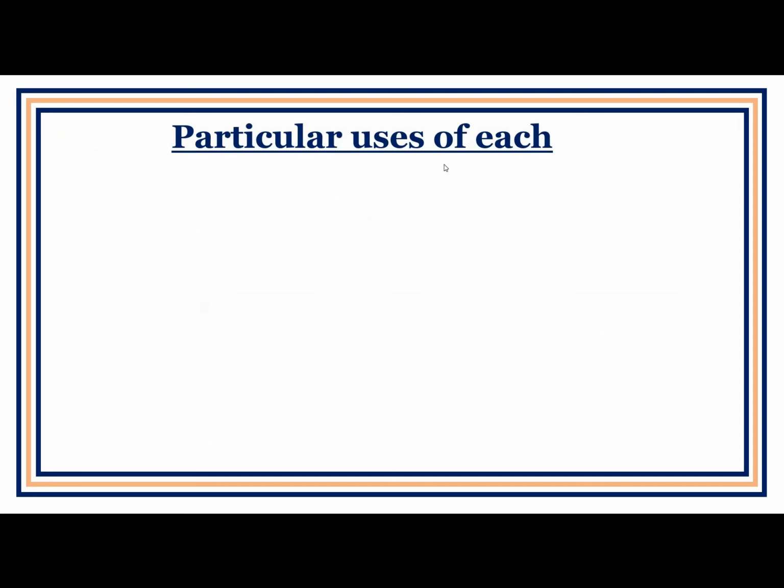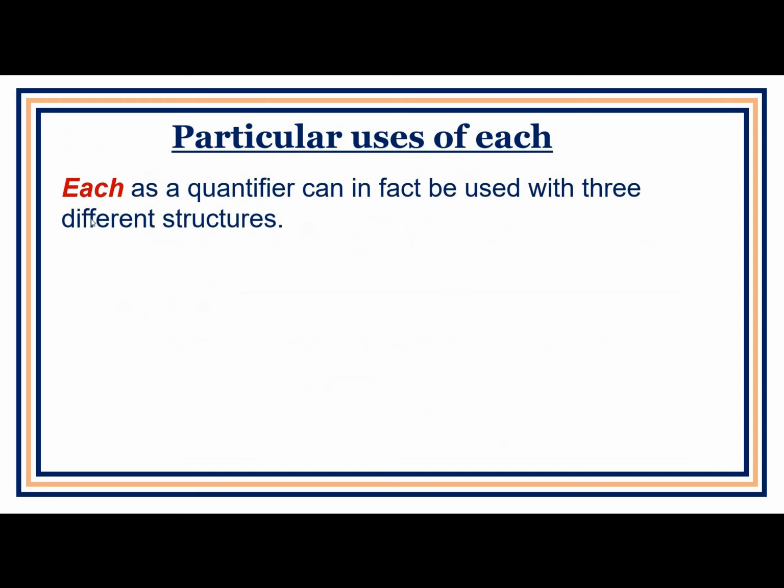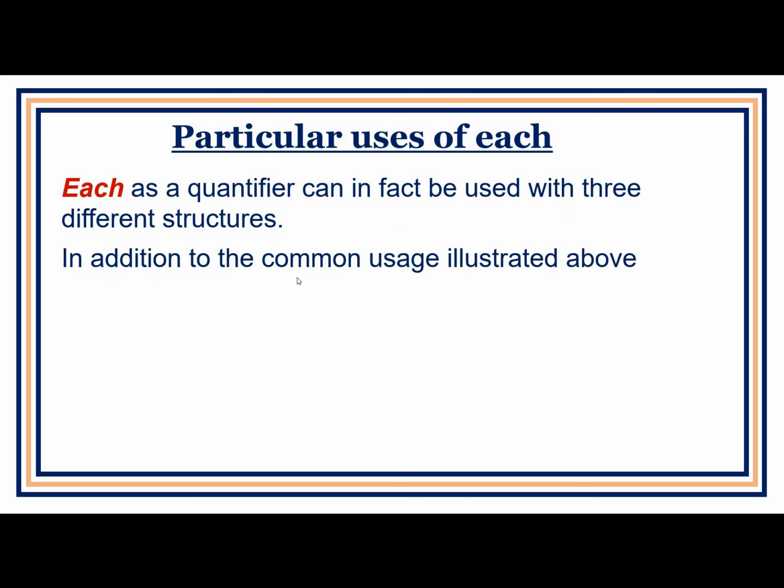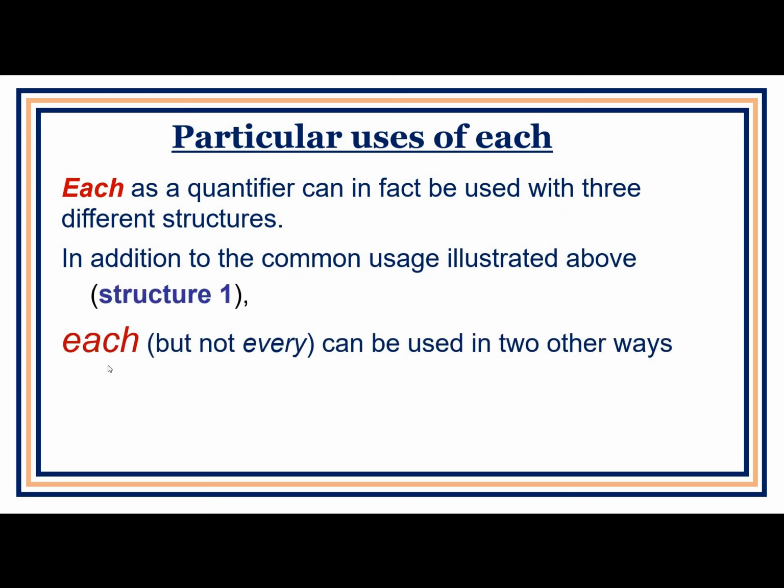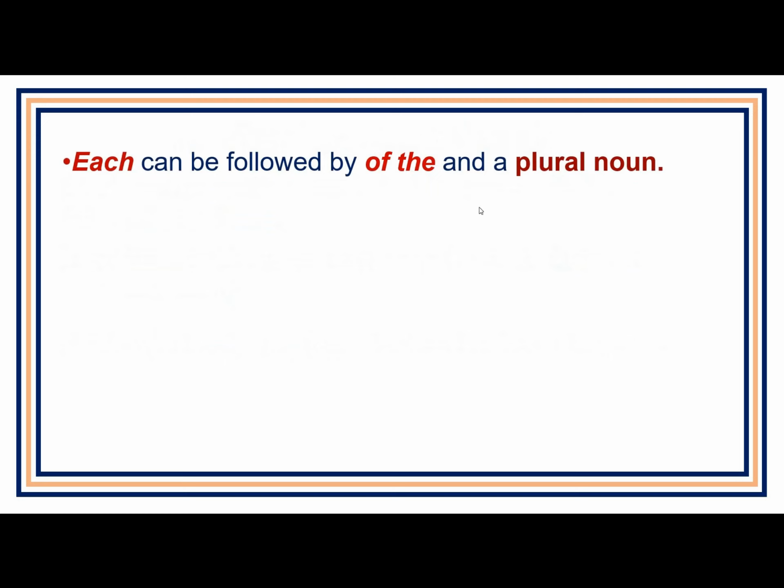Particular uses of each. Each as a quantifier can in fact be used with three different structures. In addition to the common usage illustrated above, structure 1, each but not every can be used in two other ways. Each can be followed by of the and a plural noun.